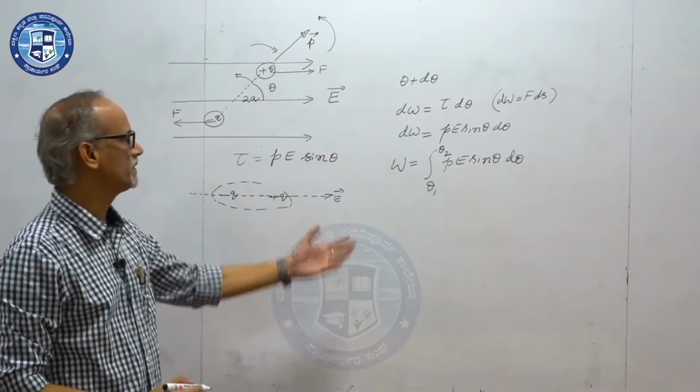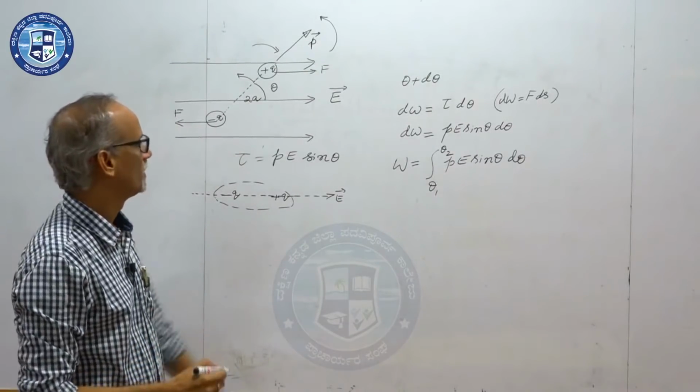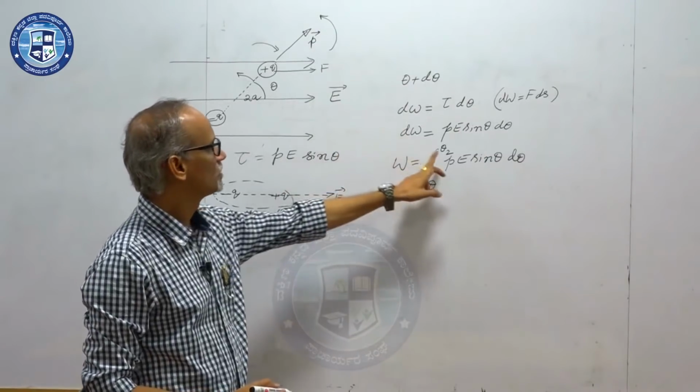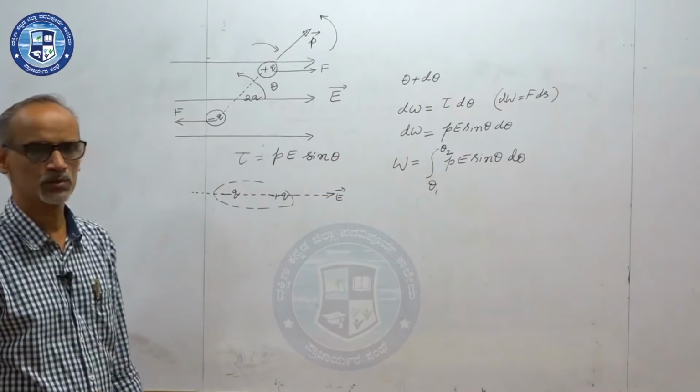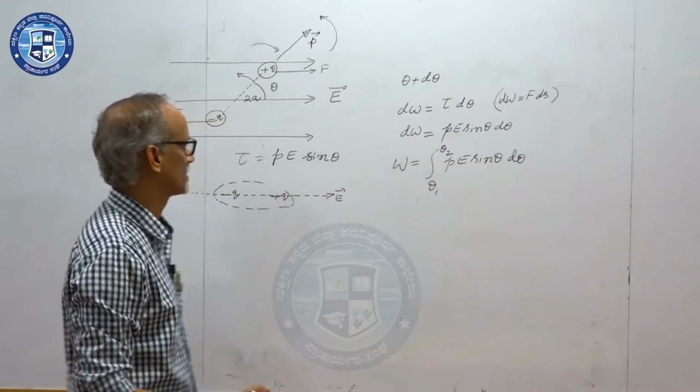So, on integrating we get the total work done in rotating the dipole from the initial position, which makes an angle theta 1 with the electric field, to the final position theta 2, that is also an angle made by the new position with respect to the electric field.